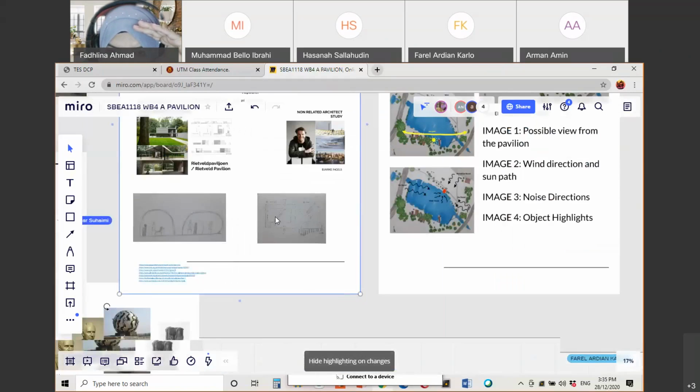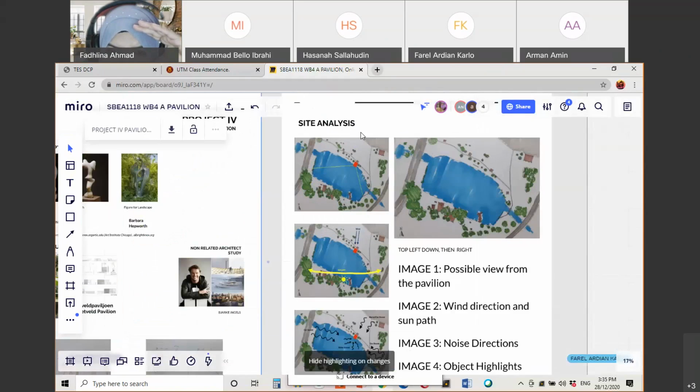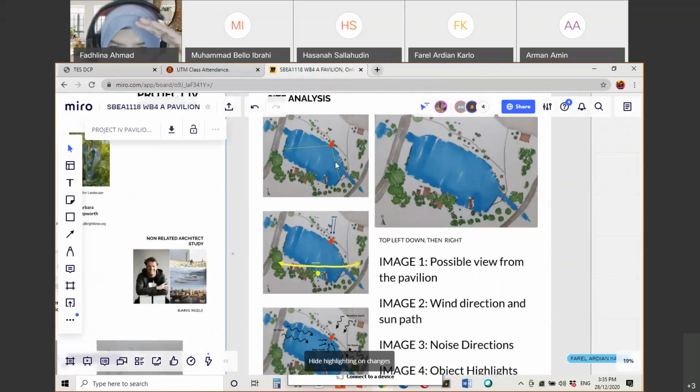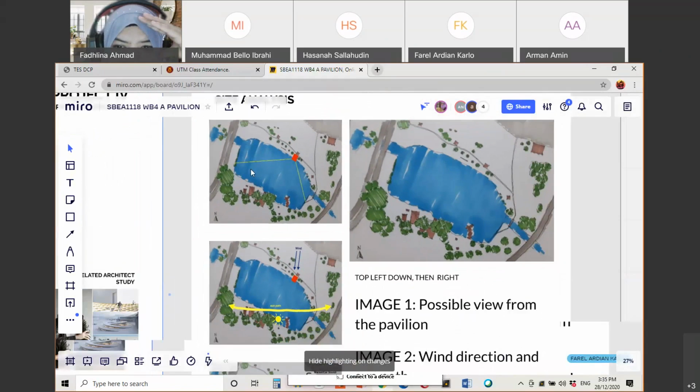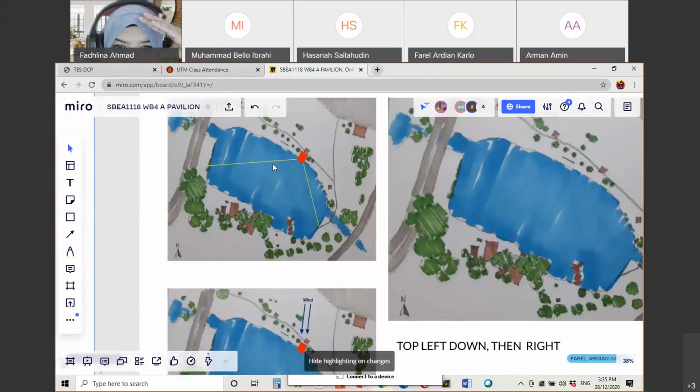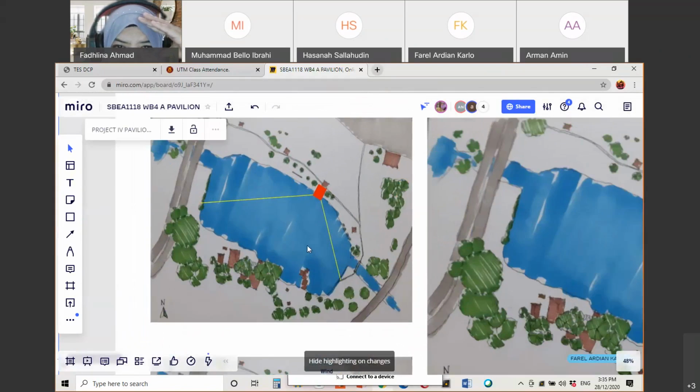Okay. Also, the site analysis. The top left drawing, from the red box, was the site location. The top left shows the possible views that visitors can see from the balcony, like the pier, the building across, the trees, and others.